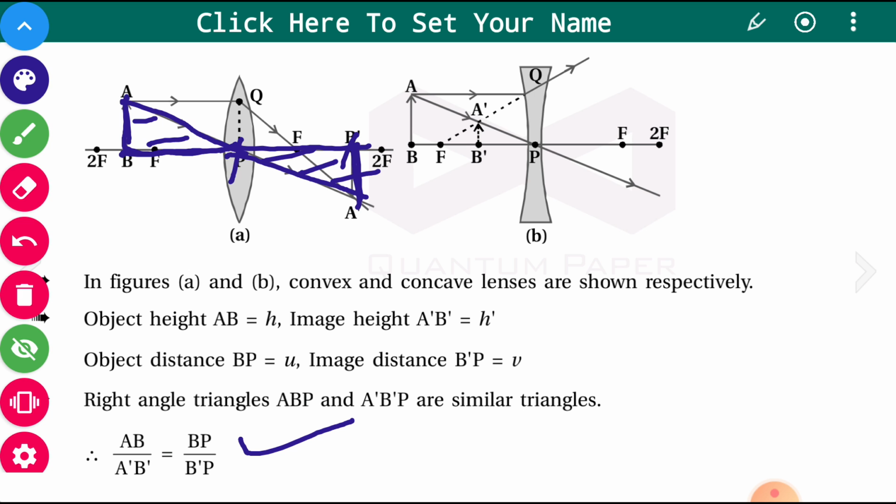Now AB is H, and A prime B prime is H prime. It is below the principal axis, so using sign convention it becomes minus H prime. This becomes minus U, that is the object distance, and this will be the image distance, that is PB prime, which is positive V.